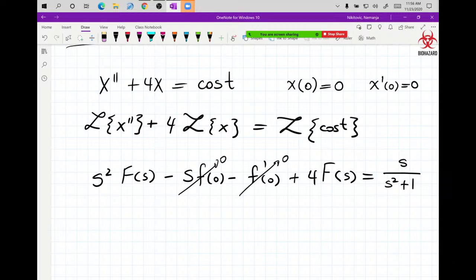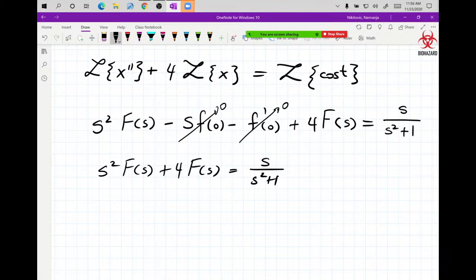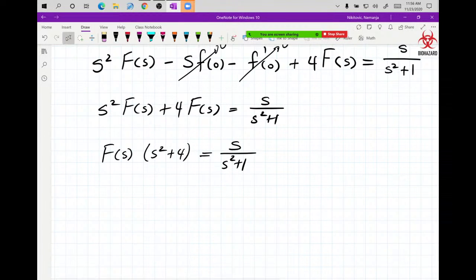And you are left with s squared F of s plus 4 F of s equal to s over s squared plus 1. So factor out your F of s, which gives you s squared plus 4, and you have s over s squared plus 1. When you divide both sides by s squared plus 4, here's your solution in the frequency domain.